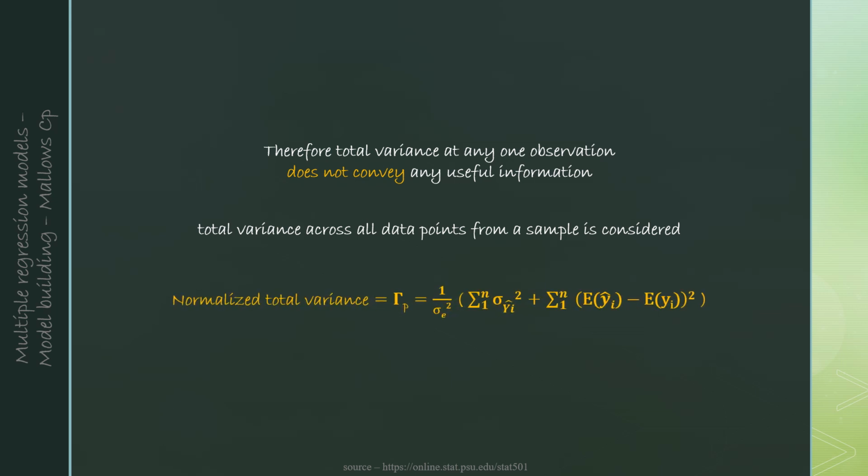Normalized total variance denoted by gamma p equals 1 divided by sigma e square multiplied by sigma 1 to n sigma yi hat square plus sigma 1 to n estimated yi hat minus estimated yi the whole square.